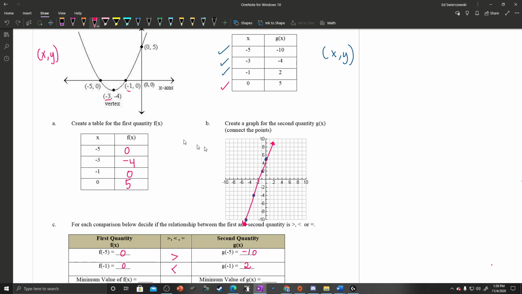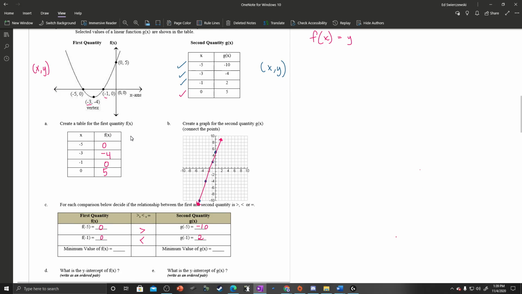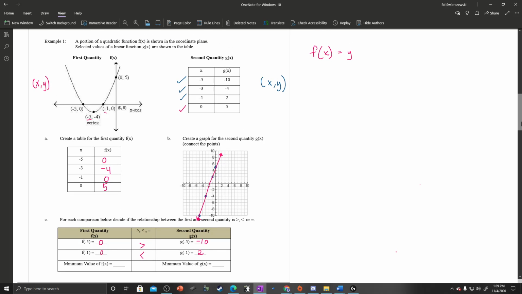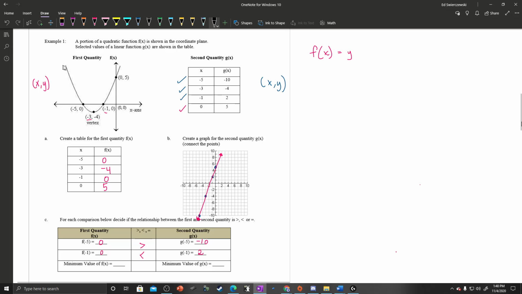All right, then we can think of what is the minimum. What is the minimum value of f of x? So again, you should make sure that these have arrows to signify that they keep going.